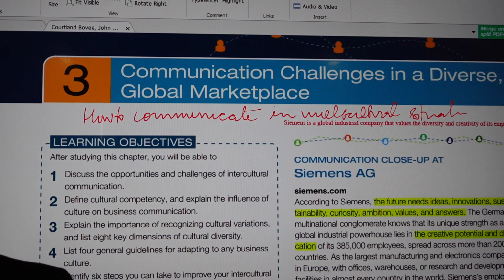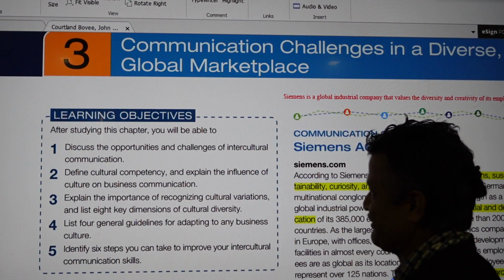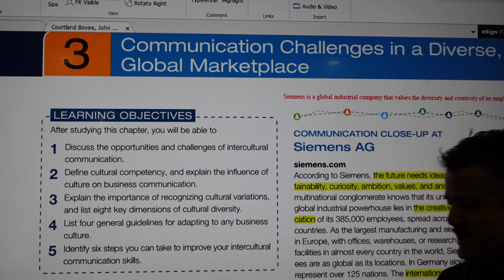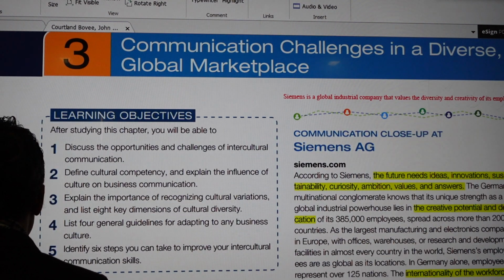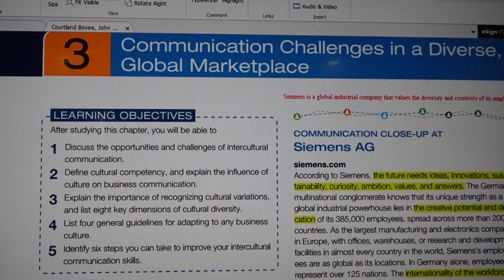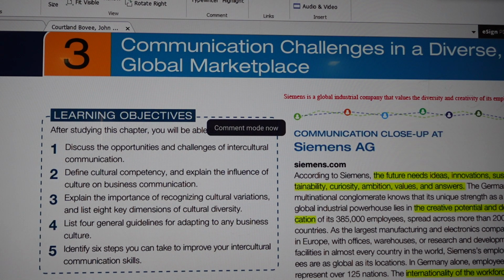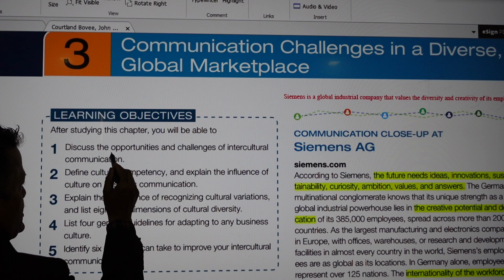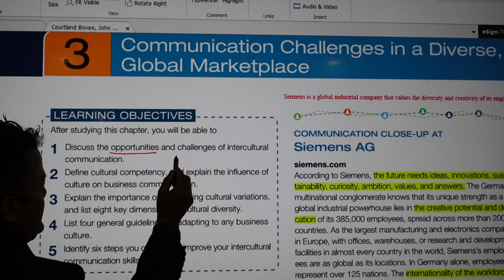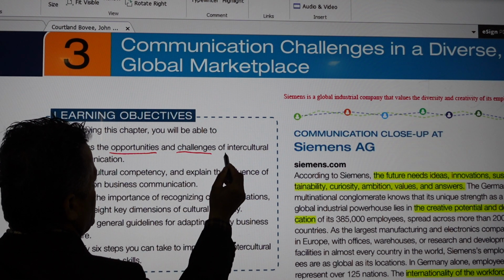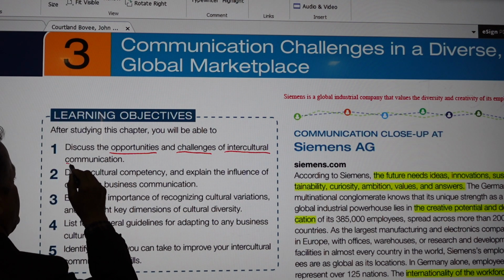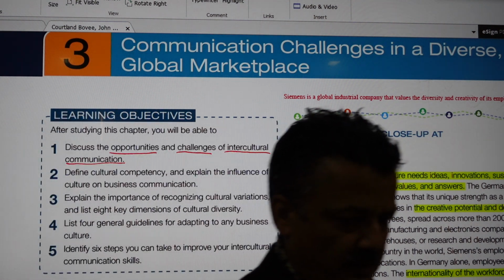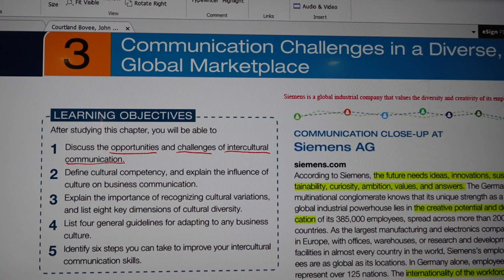And we have 5 learning objectives to study. For example, in this chapter, we will discuss opportunities and challenges for intercultural communication. Understand the term intercultural communication.